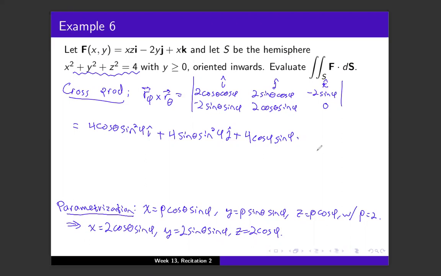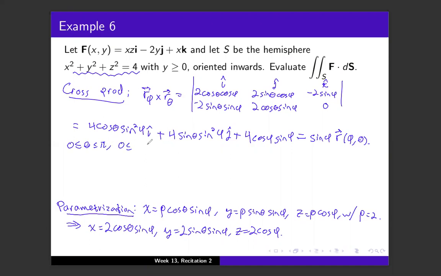Now the question is, is this the parameterization we want? Well, that's the same thing as sine phi times r of phi theta in the first place. Now remember, what are our values of phi and theta? Well, y is positive, and if y is positive, that means that theta has to be going from 0 to pi.